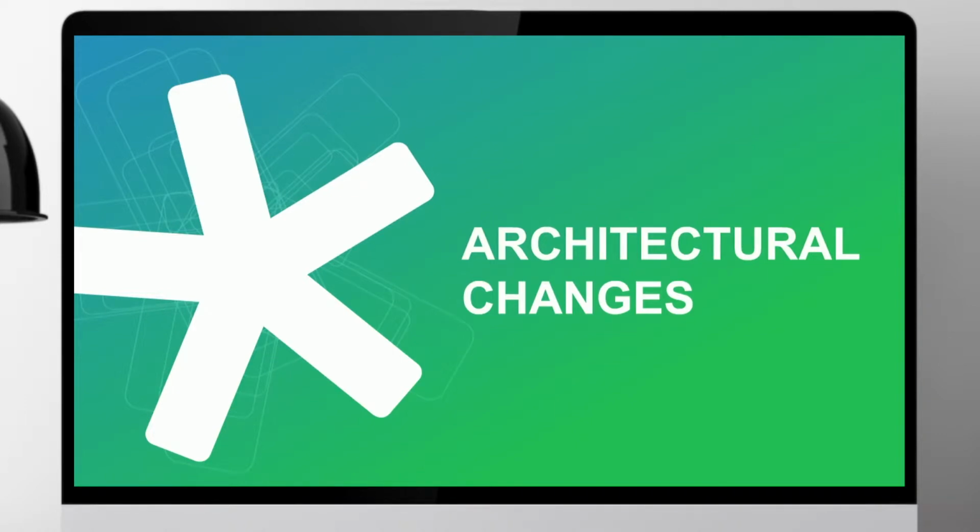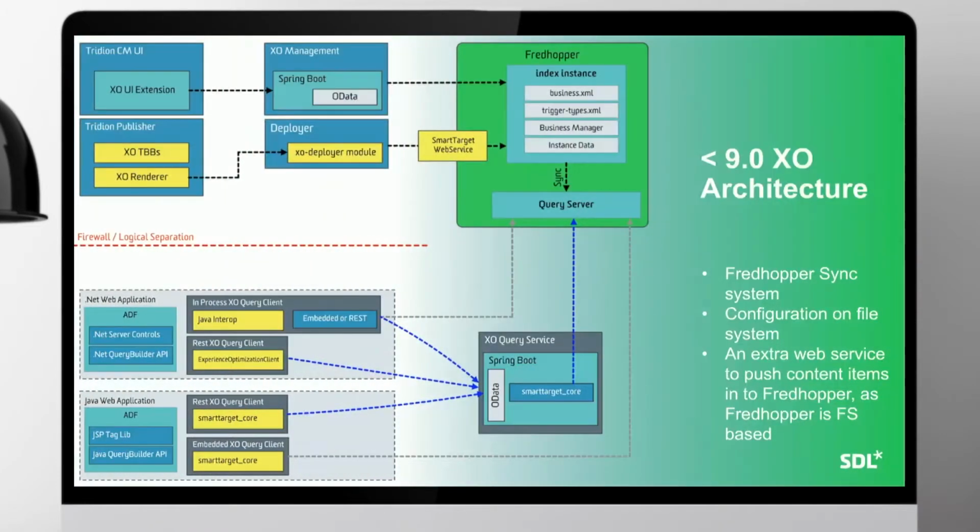If we then go a bit more in depth into the architectural changes from the current XO stack to the future stack. If we look at the Web 8.5 architecture, you see that anything in Tridion always consists of two parts, right?